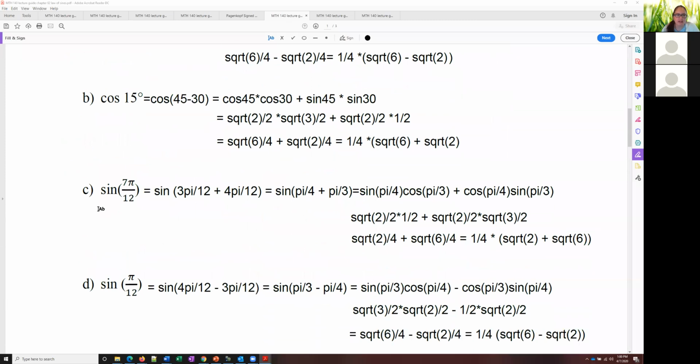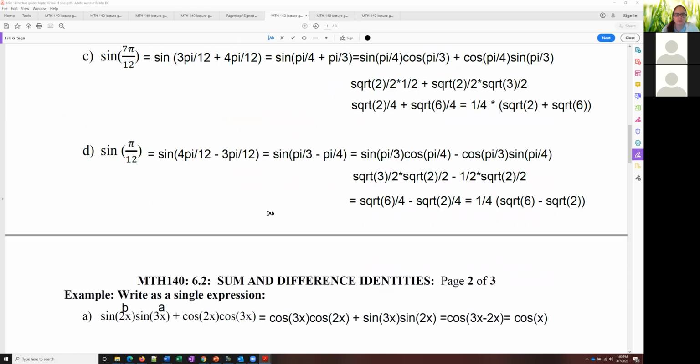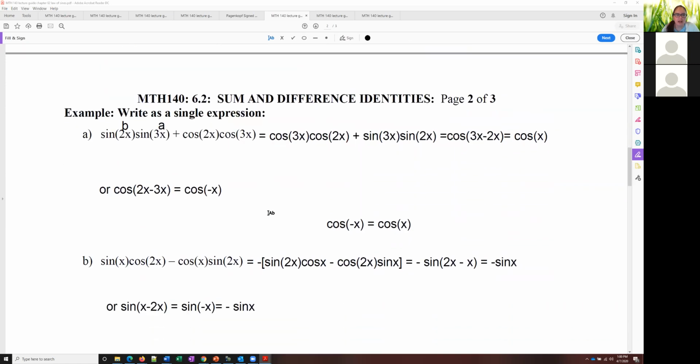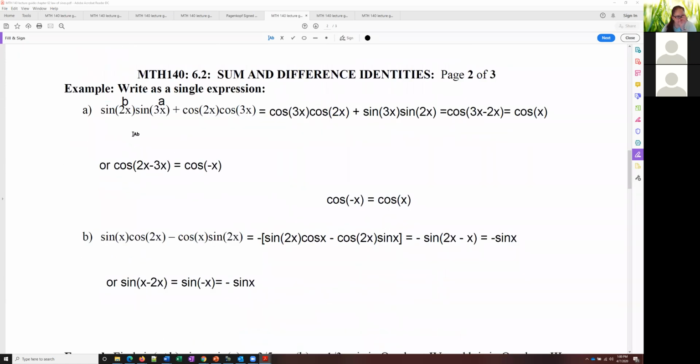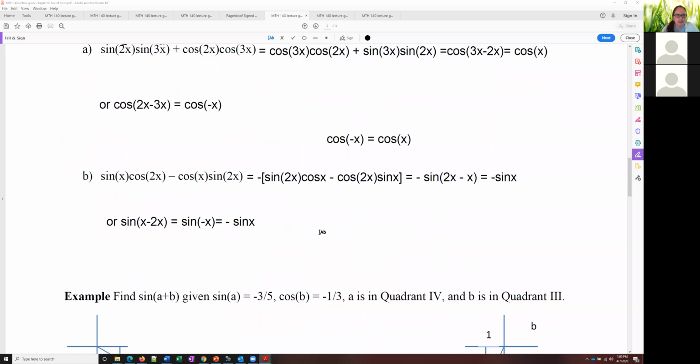We looked at finding the sine of 7 pi over 12 and the sine of pi over 12. And then we had simplified a couple of expressions. We saw that there were a couple different ways to do each one.